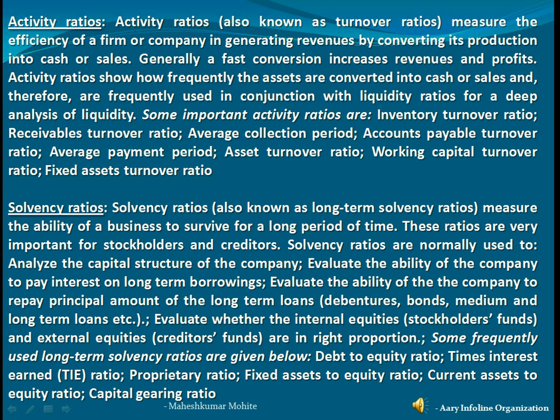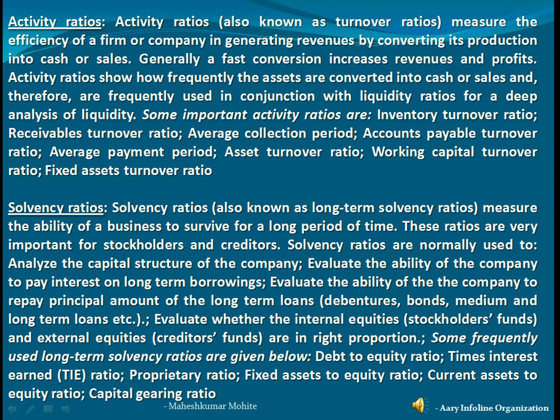Some important activity ratios are: inventory turnover ratio, receivables turnover ratio, average collection period, accounts payable turnover ratio, average payment period, asset turnover ratio, working capital turnover ratio, fixed assets turnover ratio.